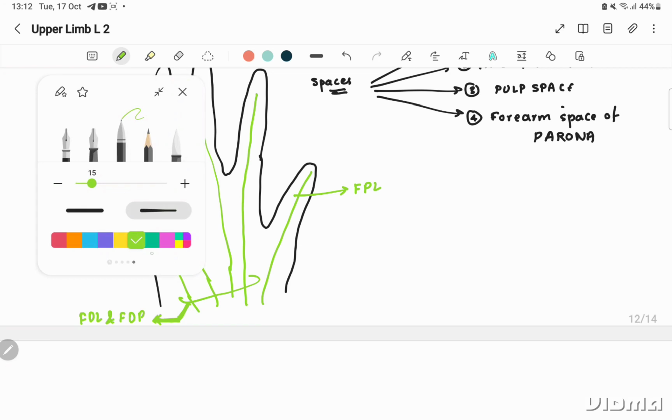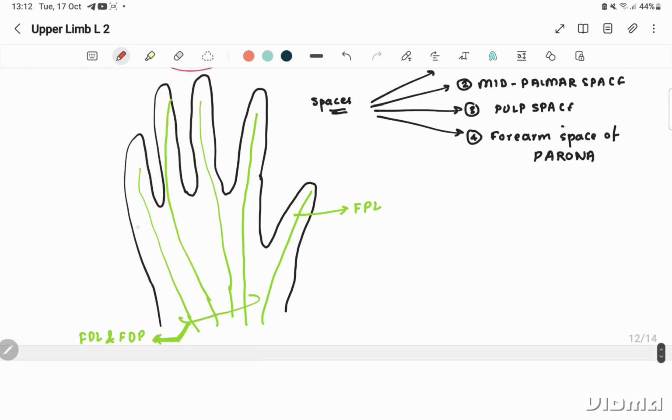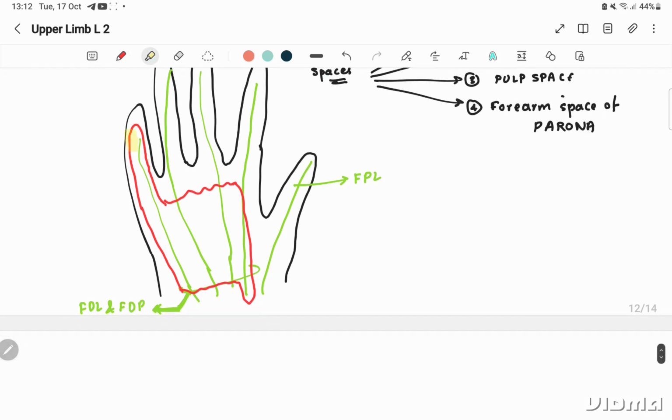With this, let's look at some of the bursas, the radial bursa and the ulnar bursa. This bursa covers this tendon and some parts of this tendon, and extends like this. The red part is a bursa which is called the ulnar bursa.